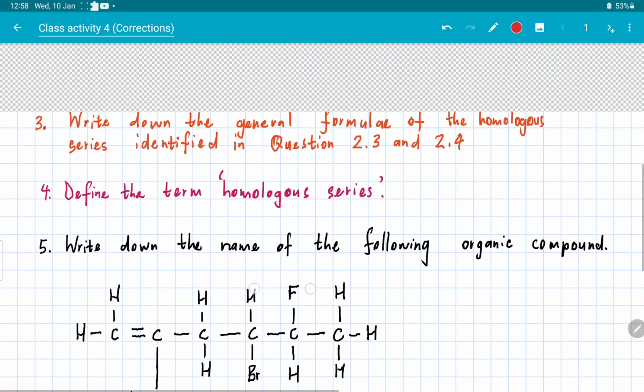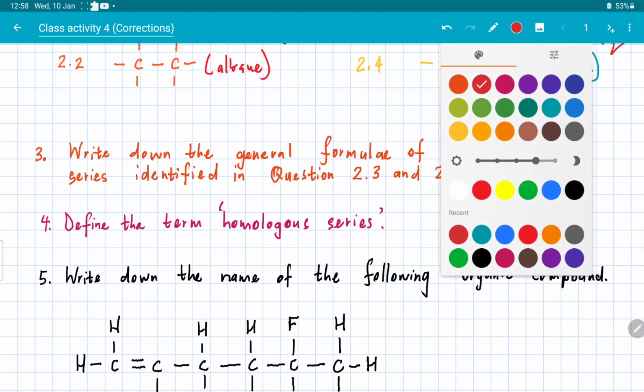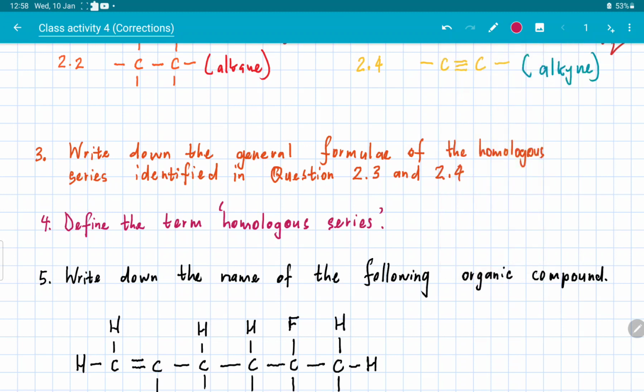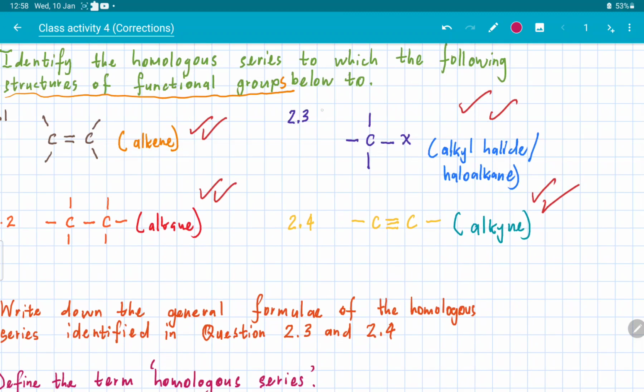So let's go to the other question. Write down the general formula of the homologous series identified in 2.3 and 2.4. If we look at 2.3, that is an alkane, I mean to say haloalkane.